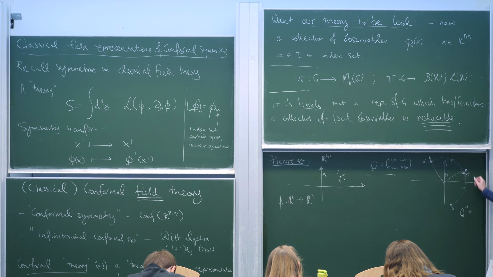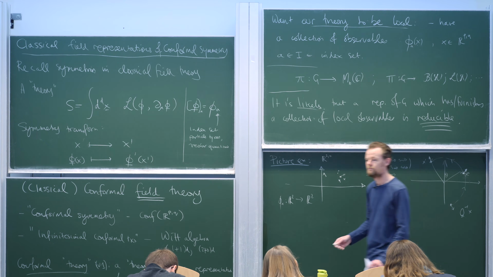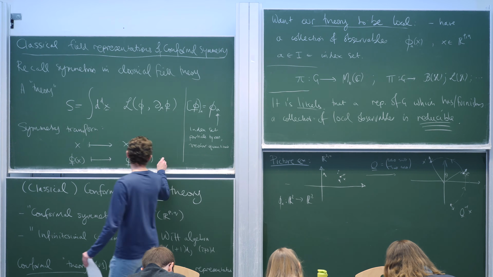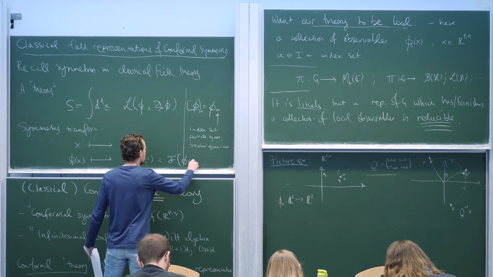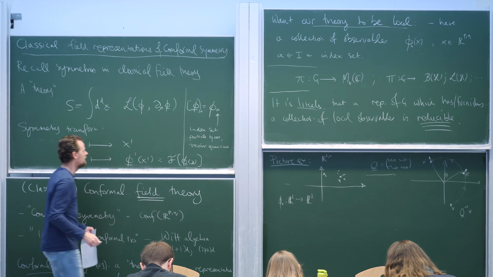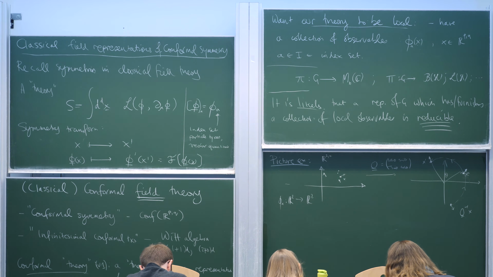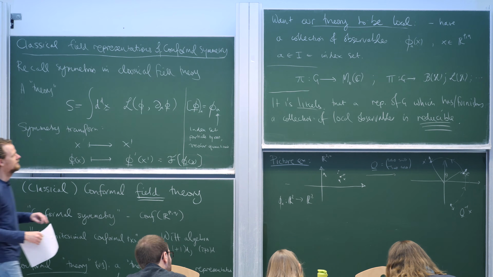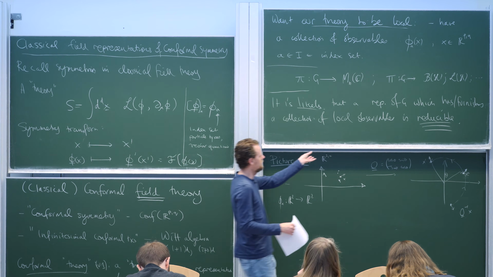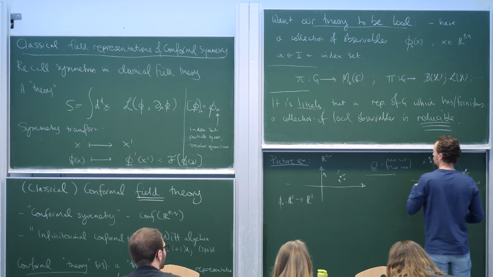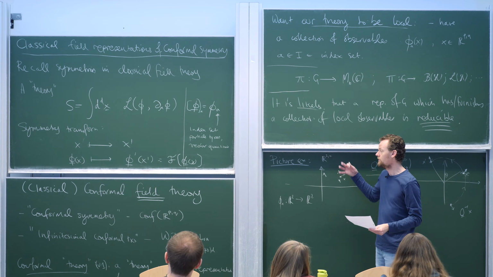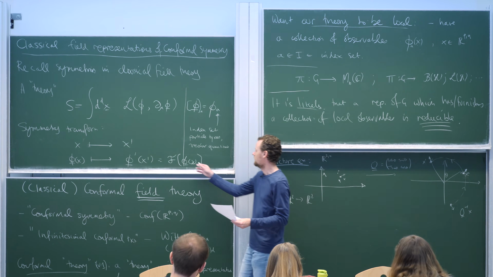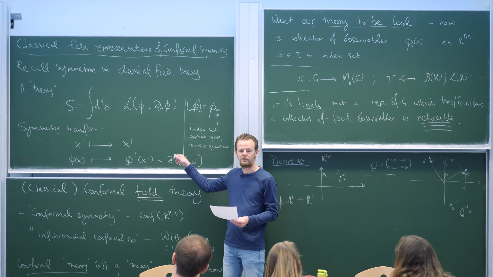O inverse x gets mapped to x. So the result of this active transformation gives you a new field which has some non-trivial dependence on the previous field configuration.